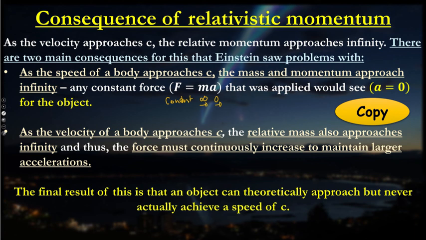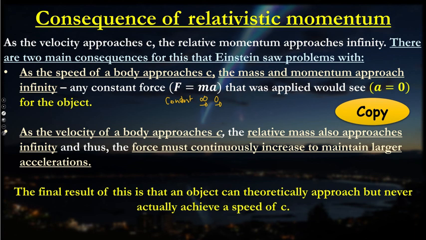Which means the closer we get to the speed of light, the more massive the object, the less acceleration there is on the actual particle, which means it's harder to push it faster. As the velocity of the body approaches c, the relative mass also approaches infinity, and thus the force continuously increases to maintain a large acceleration.